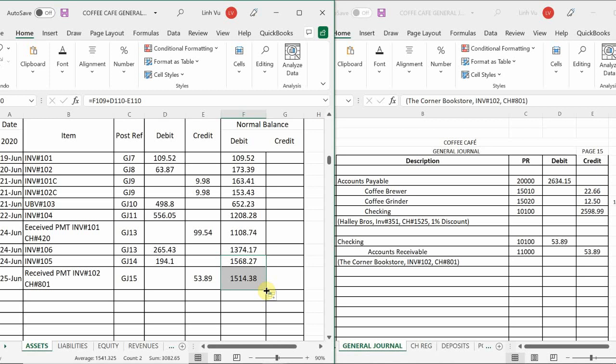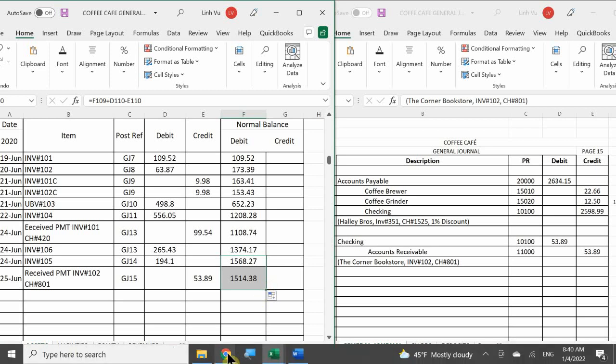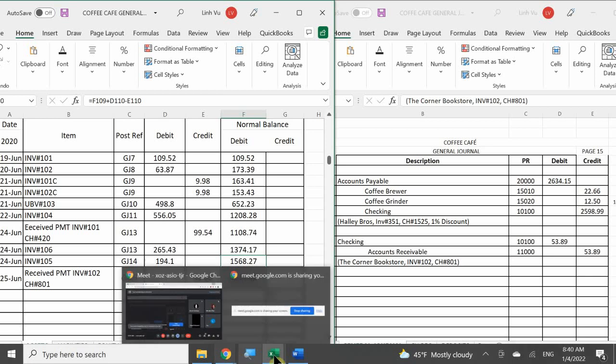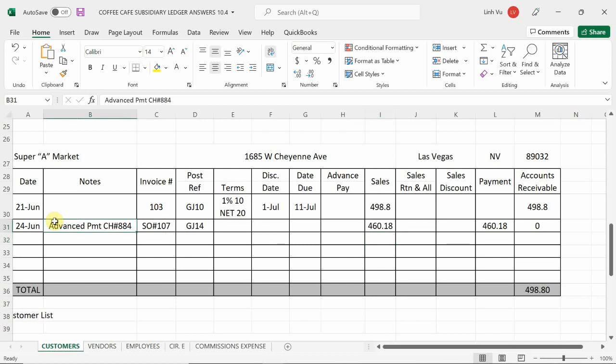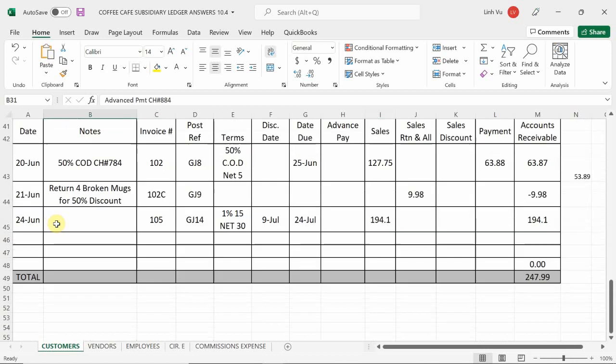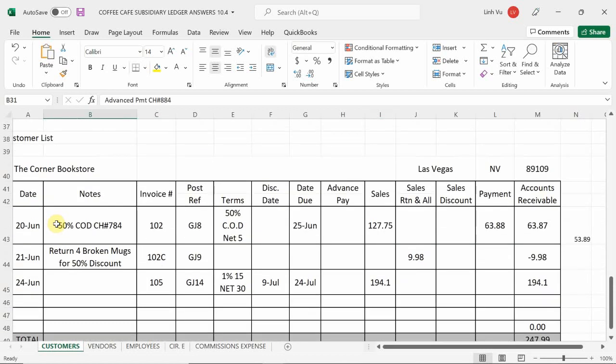Now we go to the subsidiary ledger. Corner bookstore, for $53.89, because from invoice number 102, this is what we originally sold to them, and then we ended up making a refund. So they owe me $53.89, and that's what we did here.